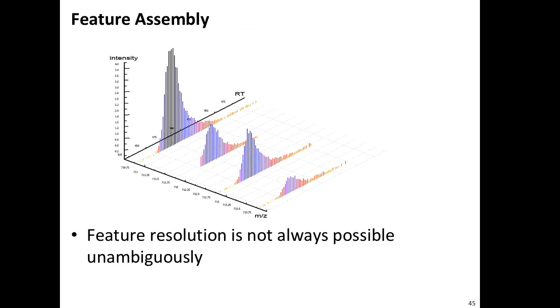Feature resolution works most of the time reasonably well, but it doesn't have to, because there are some issues where things look funny. So what is going on here? First of all, this looks like a very clean feature. There's not a lot of noise in there. You have nice elution profiles.